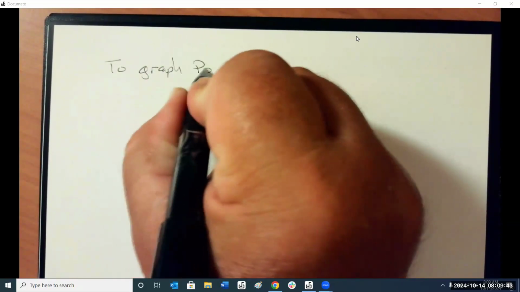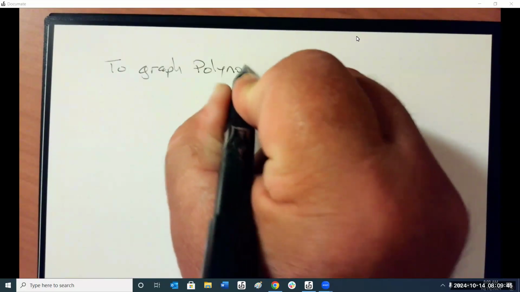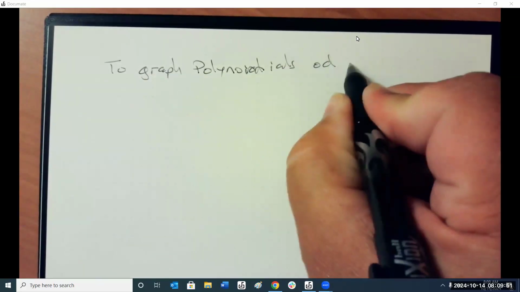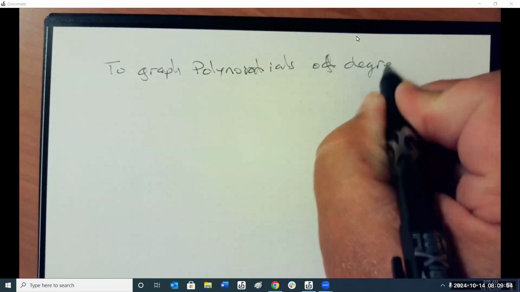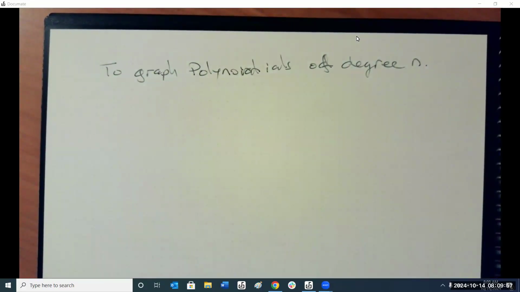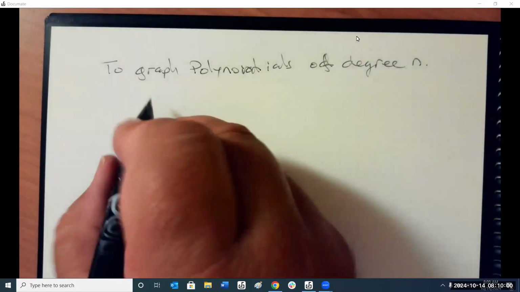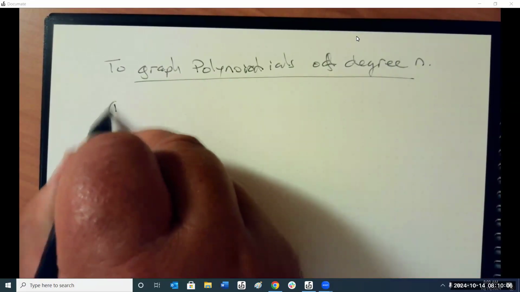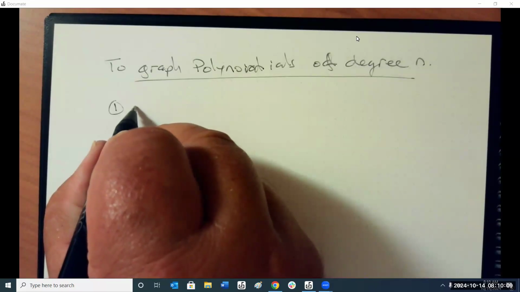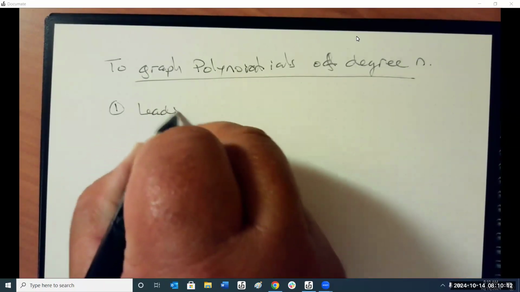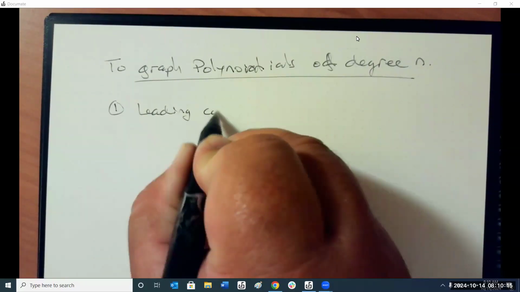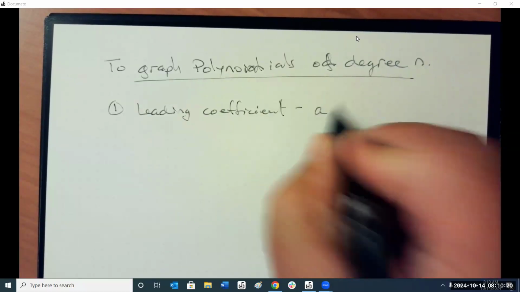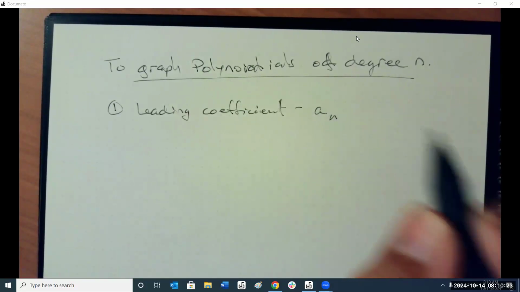We're going to have to find a couple of things. The leading coefficient is a sub n.